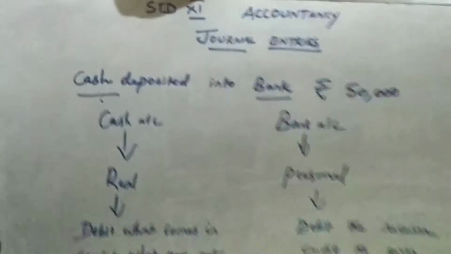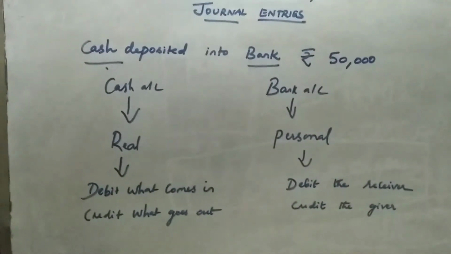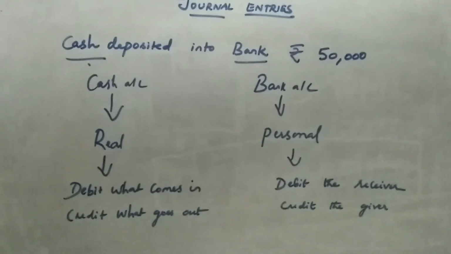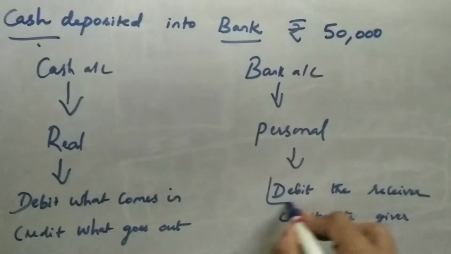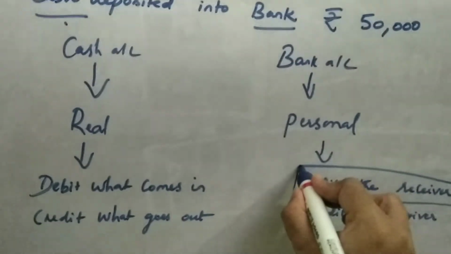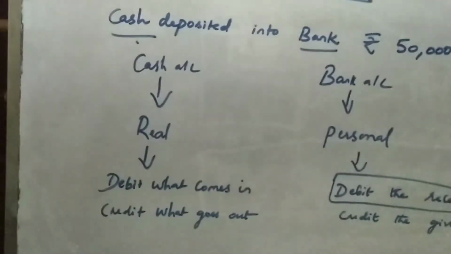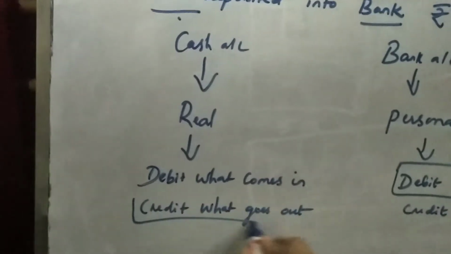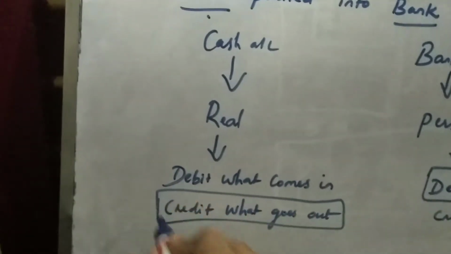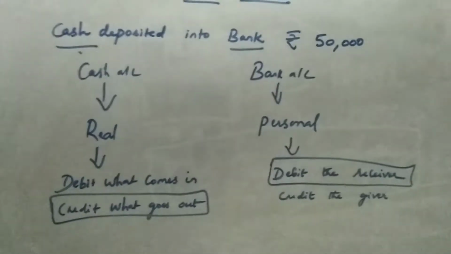So when we deposit cash into bank, bank is receiving it. So debit the receiver. Cash is going out of the business. Credit what goes out. So shall we write the entry now?